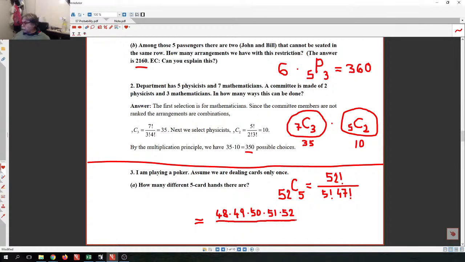And on the bottom, I completely canceled the 47 factorial, so I have only 5 factorial left, which is 1 times 2 times 3 times 4 times 5. And you know what? I won't even calculate that.